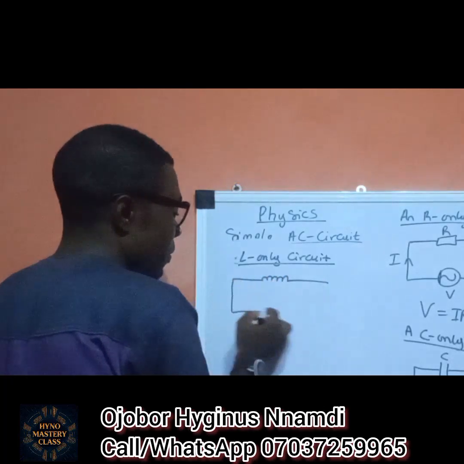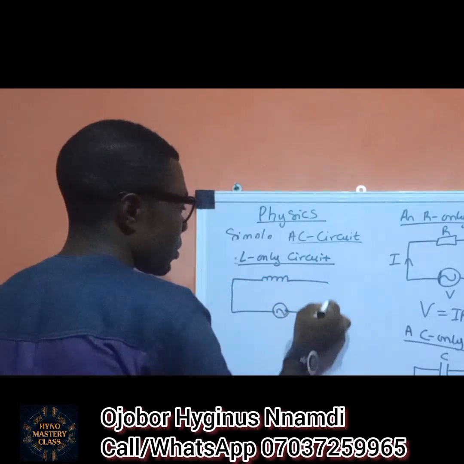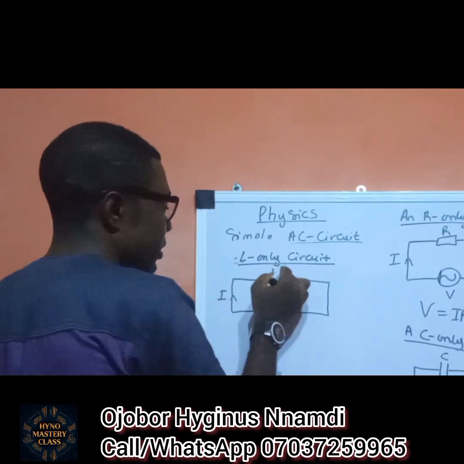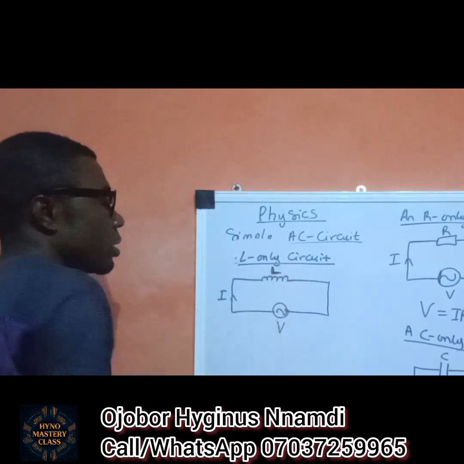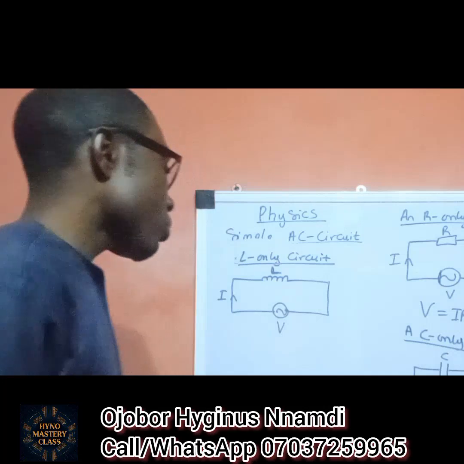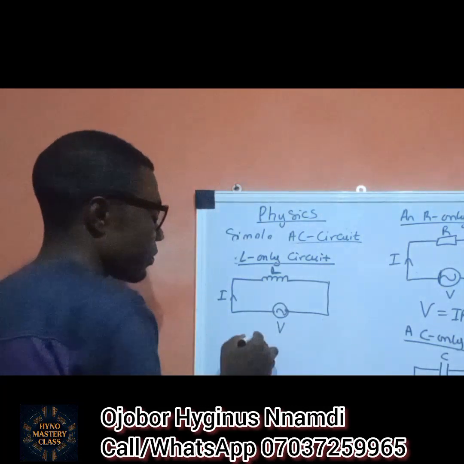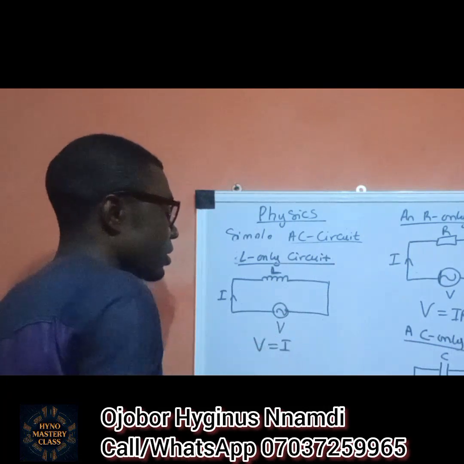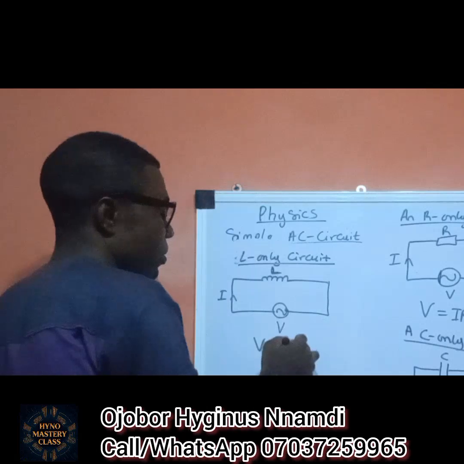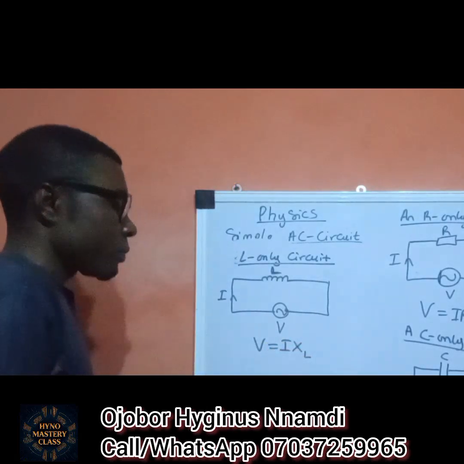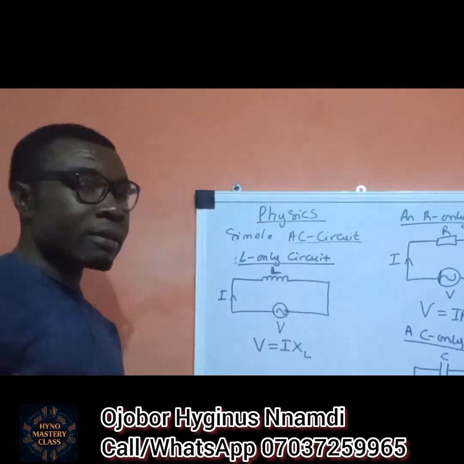You have a current I, a voltage supply, and the inductor L. This inductor provides an opposition. So following Ohm's law, V equals I times the resistance provided by an inductor. The resistance provided by an inductor is also called reactance, the reactance of an inductor, and we have V equal to I XL.